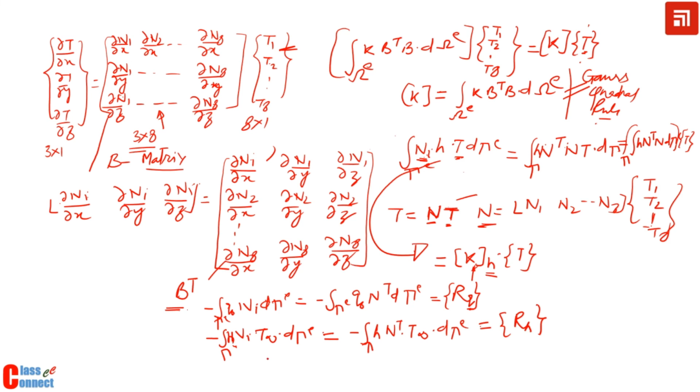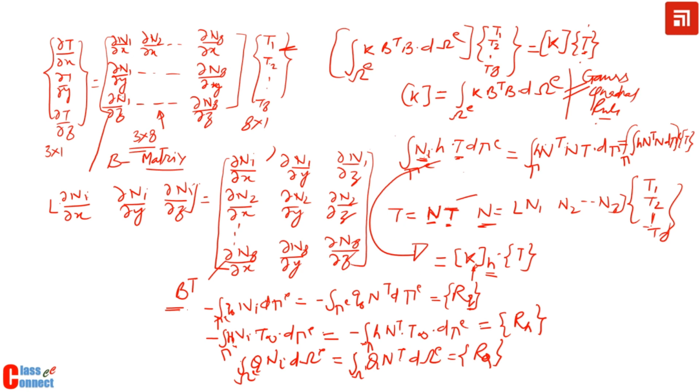And similarly I can write down this Q term, that is internal heat generation, dΩ, and here this is also for the elemental domain, and I can write this as Q N transpose dΩ, and this is equal to R_Q, that is the right hand side vector for heat generation.